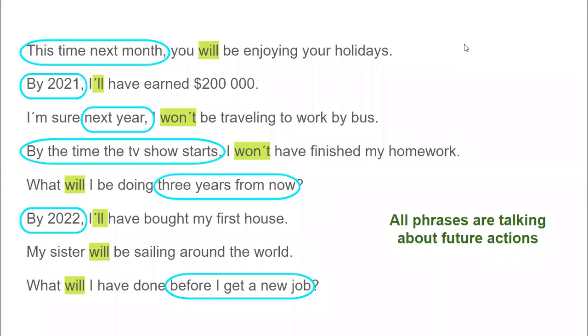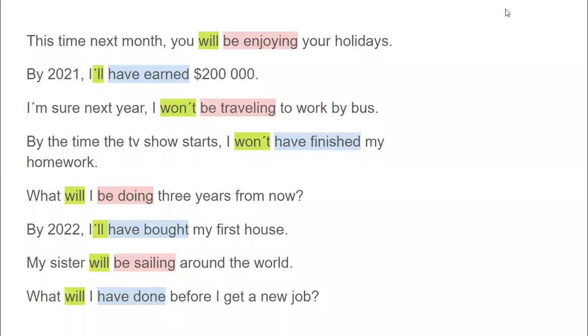Now, is there any difference between these sentences? Here, as you can see, there are some sentences in red and some in blue. What's the difference? To answer this question, we have to ask ourselves when in the future the action takes place.